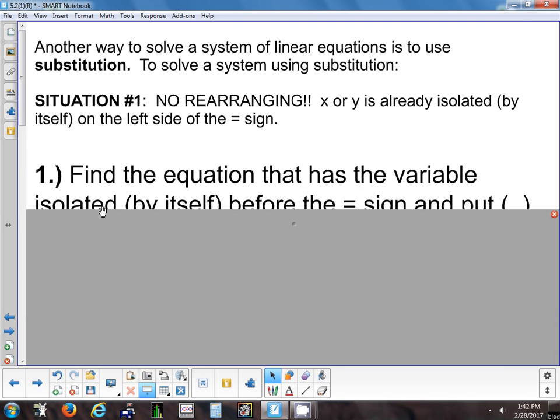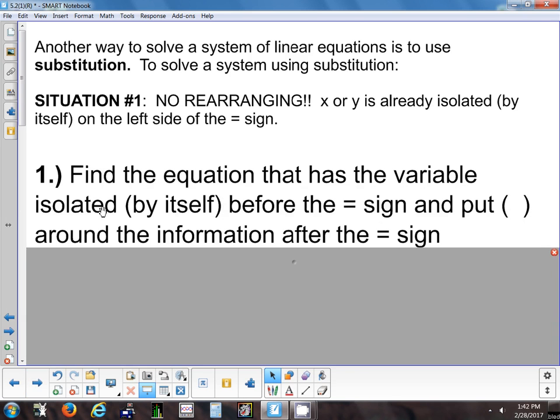So first thing, kind of long, but we'll write the step out, and then after that step, we'll do an example that goes along with it. So we'll write the steps and we'll work an example as we go so you can see each step on your notes. First thing, find the equation that has the variable isolated.